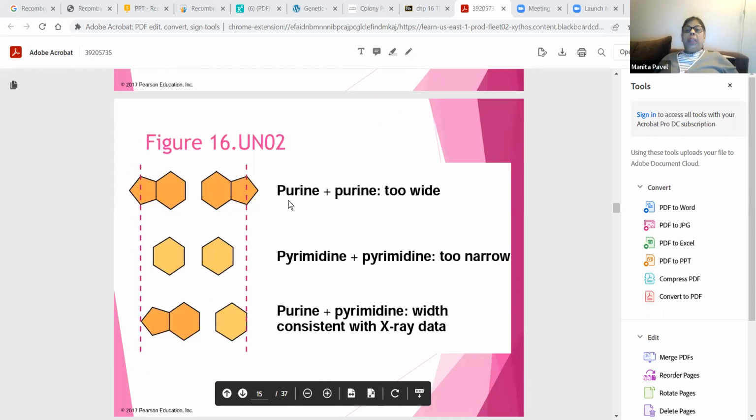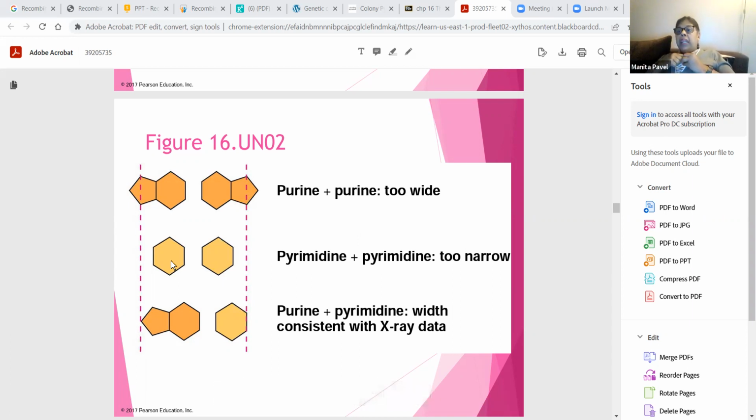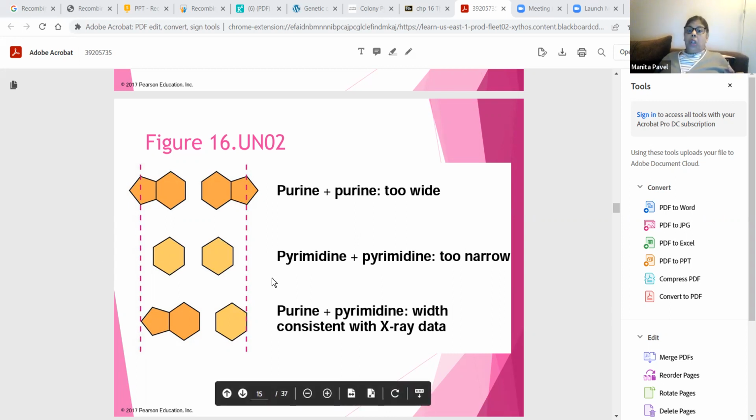And so when they put two purines together, and what were the purines? Adenine and guanine. The purines were too wide. They didn't fit within the parallel lines of the double helix. When they took a pyrimidine and a pyrimidine, and what were the two pyrimidines? Thymine and cytosine. They did not fit because it was too narrow.